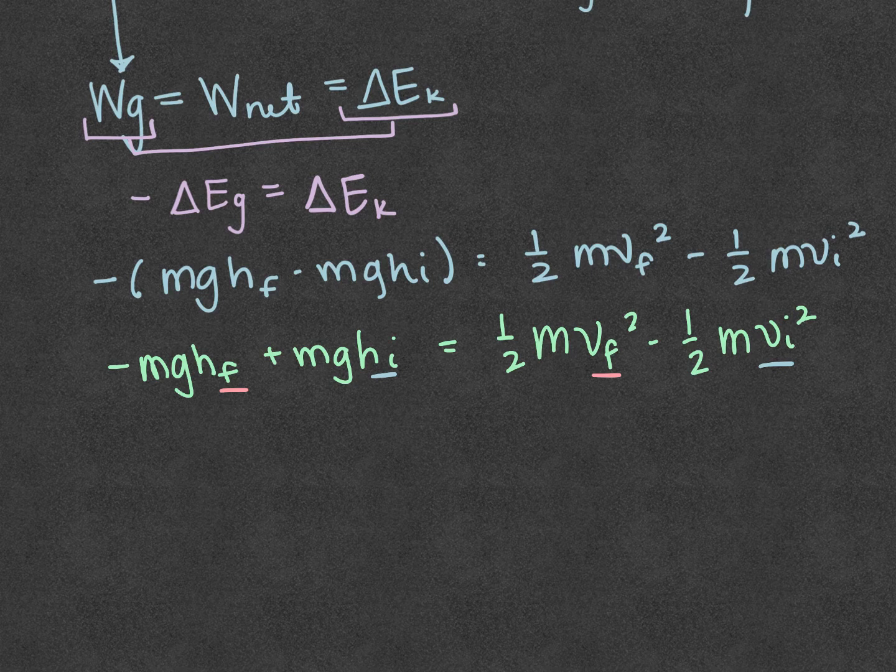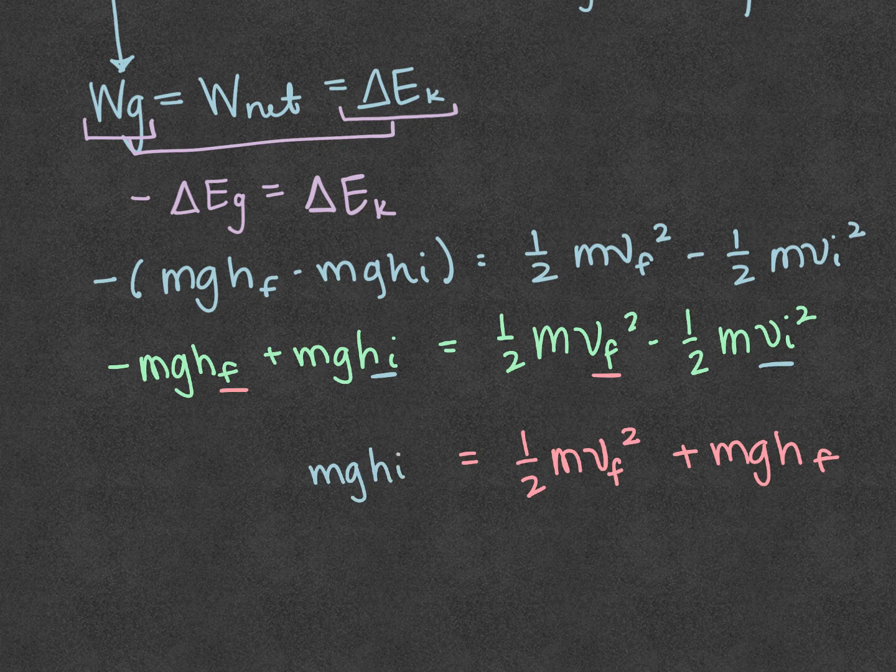Let's get all of our final conditions together. I'm going to leave the 1/2 m v final squared on the right side, and I'll add to it m g h final. On the left side, I will leave my m g h initial, and I will add to it 1/2 m v initial squared.